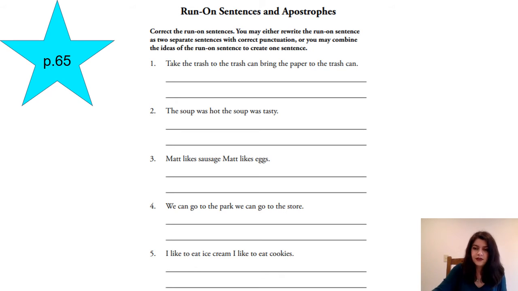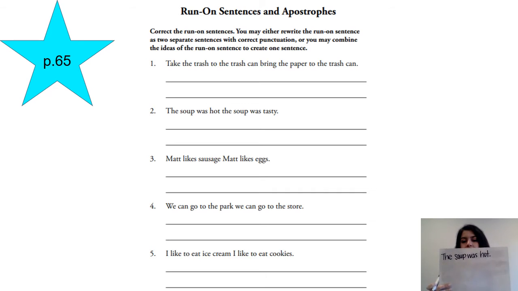Let's try number two together. Number two says, the soup was hot, the soup was tasty. Okay, so if we try the first way, making this two sentences, I want to put the period where my new idea starts. So I'm going to say, the soup was hot, period. Capital T, the soup was hot, period.